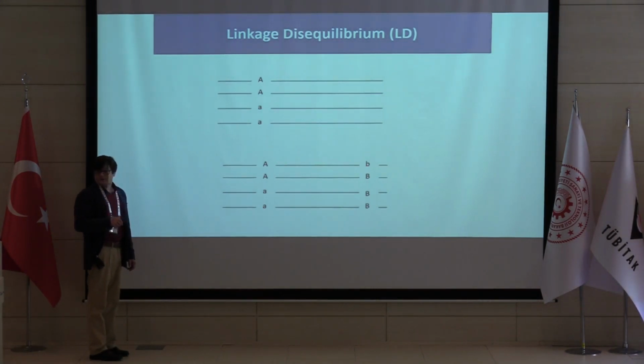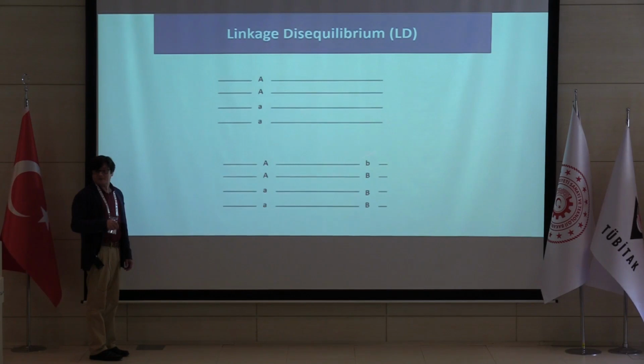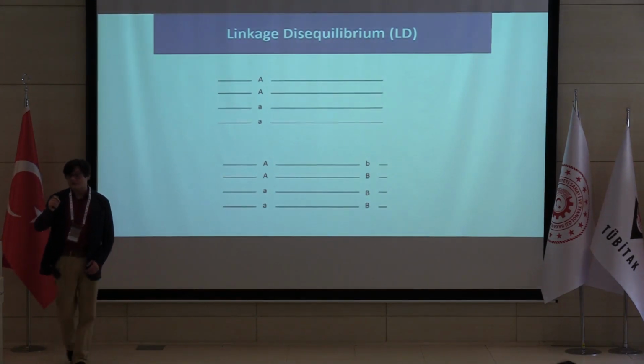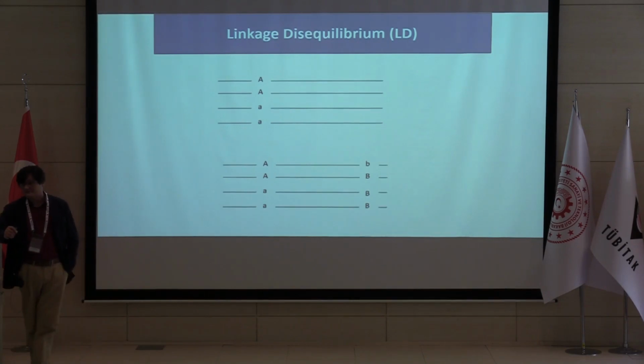Out of all four possible combinations, I can have A large B small, A small B large, A large B large, but A small B small I never observe. So this event, the introduction of a new mutation, creates correlation structure in the data. I need a recombination event to break this correlation.